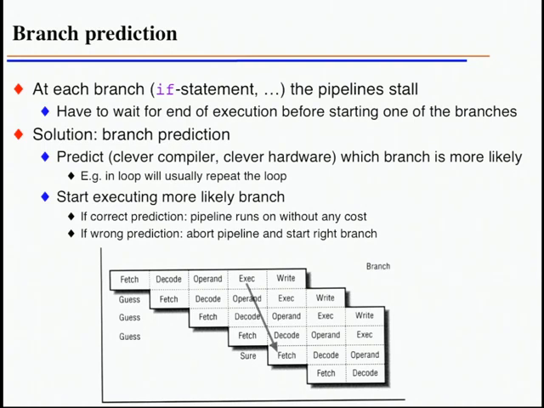Of course, if the guess is wrong, then they produced wrong results, but that's not too bad because they haven't written the results back into the memory yet. So it's still within the CPU. And so if it turns out that they executed the wrong branch, they will just throw all the wrong results away and start again at that point where they took the wrong branch.